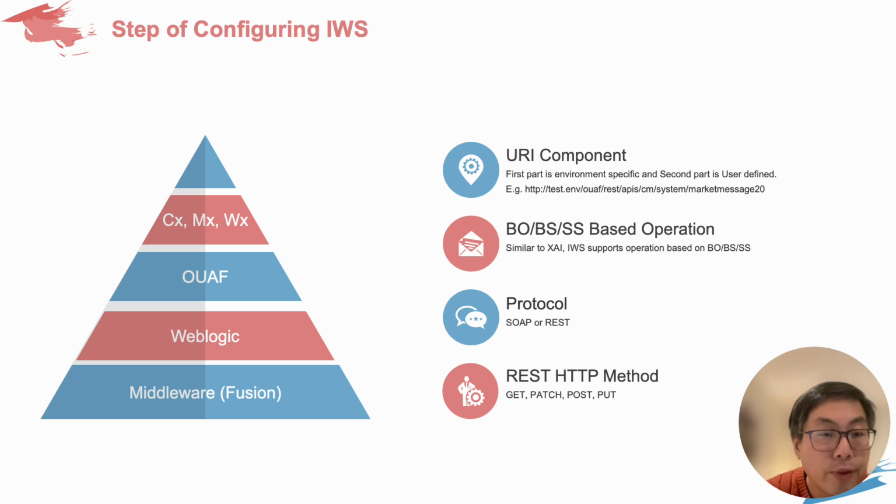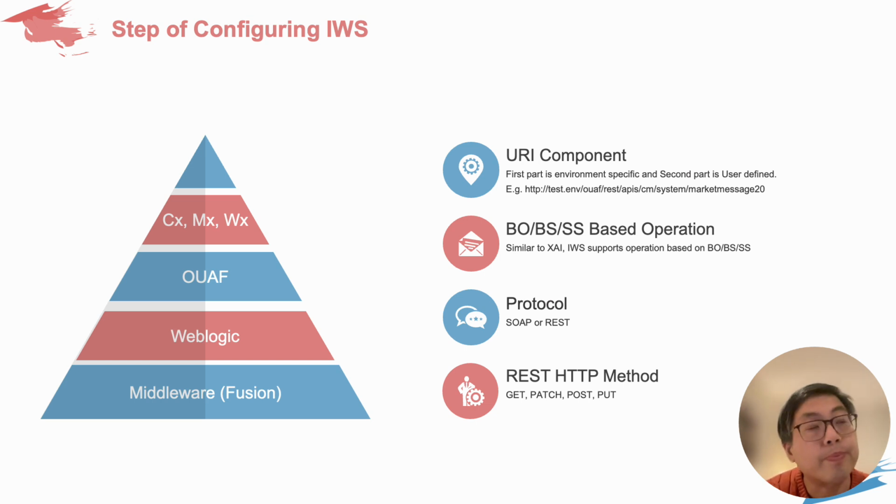So the framework, the OUF part, will actually talk to external systems. C2M will talk to an external system, for example Fusion, to send out a message via JMS queue if that is an asynchronous call. If it's a synchronous call, maybe it's just an outbound HTTP call.